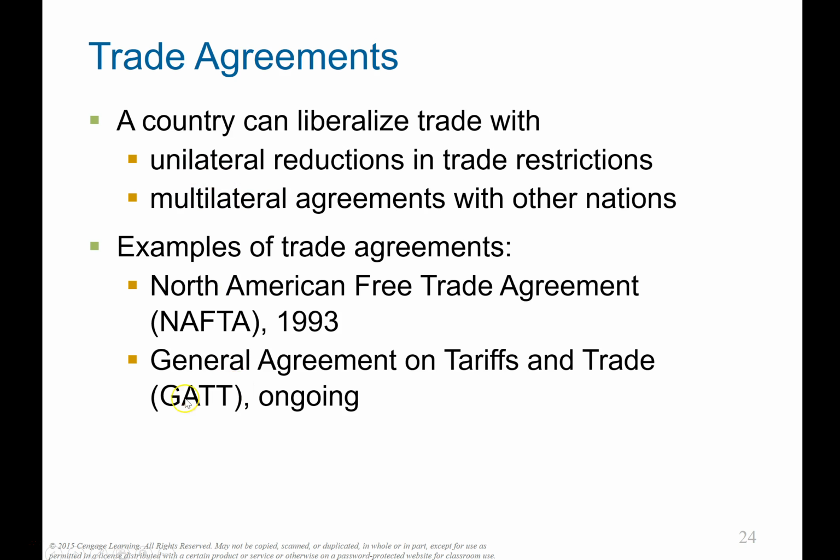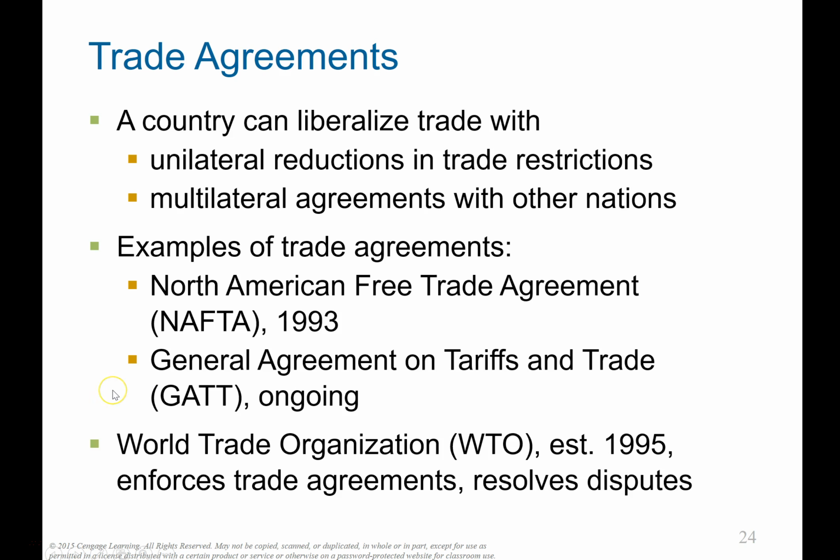The GATT agreement, the General Agreement on Tariffs and Trade, is still ongoing. The organization that helps to monitor worldwide trade agreements is the World Trade Organization, established in 1995. It enforces trade agreements, resolves disputes on the world stage.